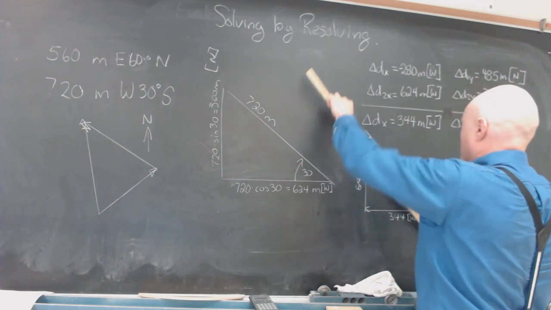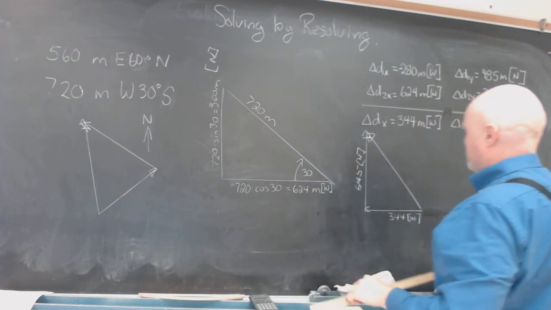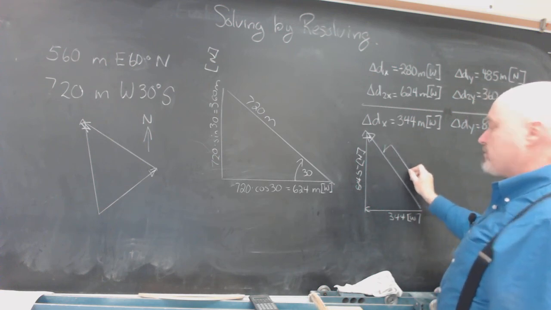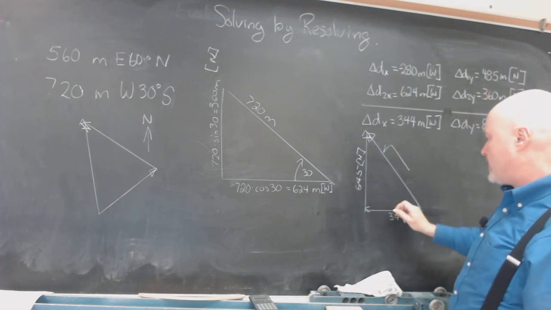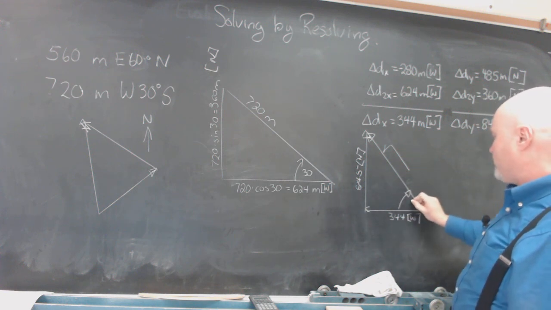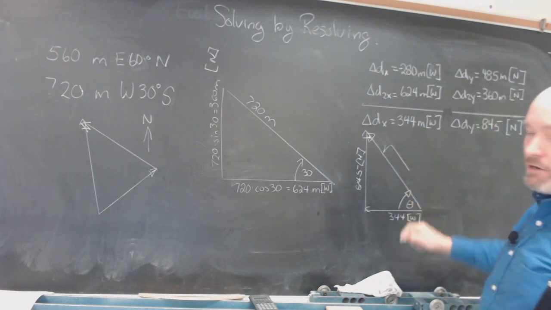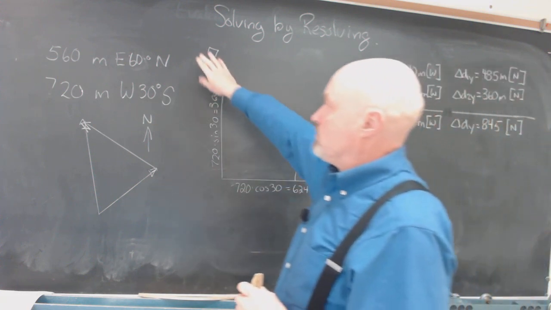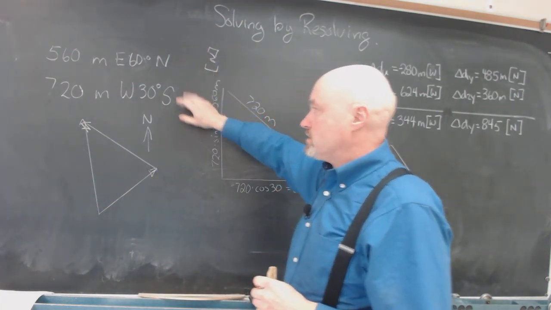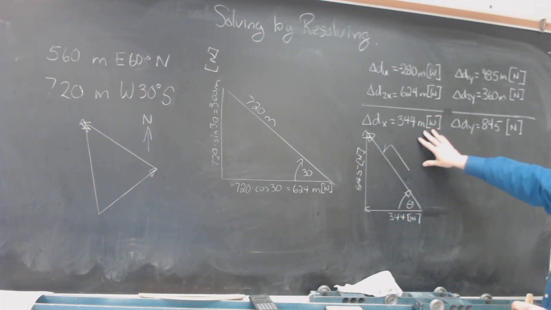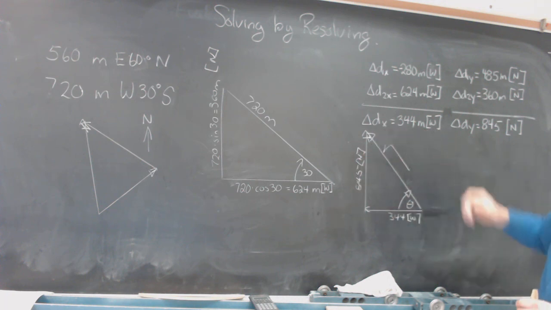I don't think I have to take it beyond this, other than to say you're just using the Pythagorean theorem to find this last side, and then you're going to use some inverse trig function to find out what that angle is. So those are fairly straightforward. But that's how you tackle that kind of problem. Break each one into its components, pick a positive and negative direction, add those components together, reconstitute the vector over here.